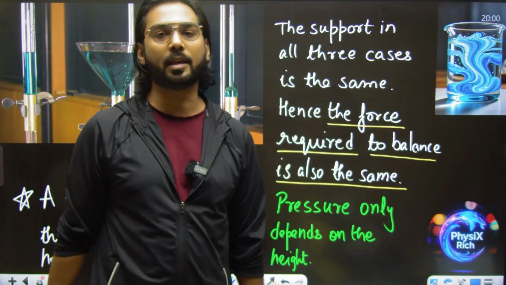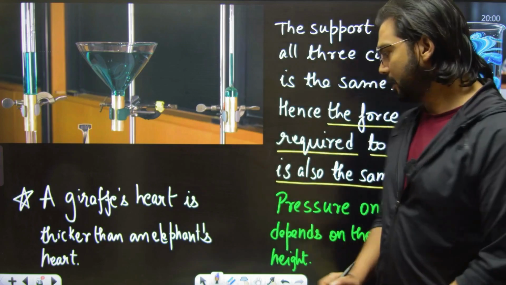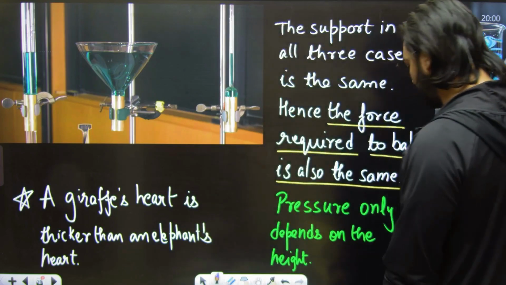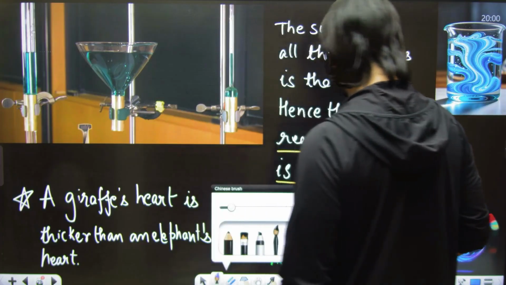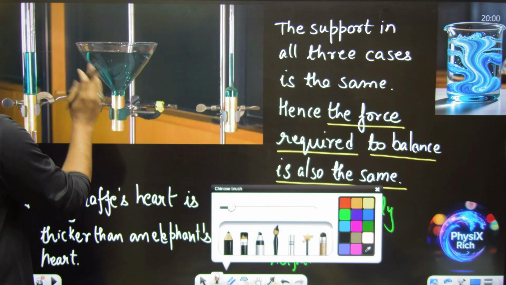Now you must be thinking, sir, but why? Why is it that the pressure is depending only on the height? To that, guys, I would say just look at the situation of this conically shaped vessel.